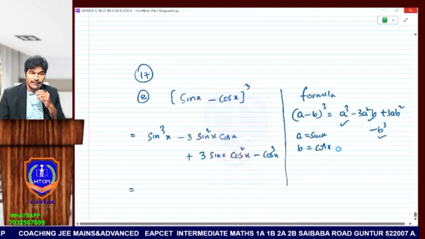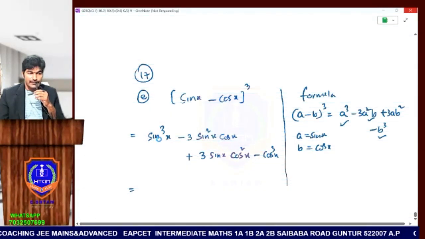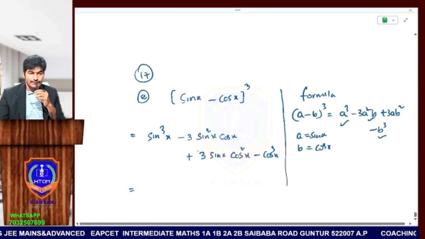How many cube terms here? The first one is sin cube x and the second one is cos cube x. So we will write these two terms together, sin cube x minus cos cube x, side by side.